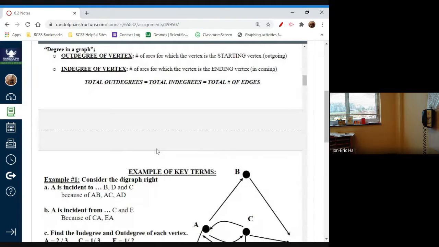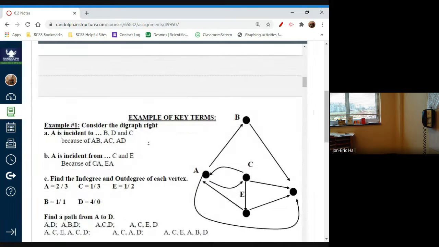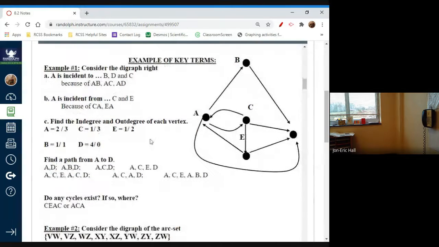The next thing you guys had was examples of key terms. So example number 1, consider the digraph to the right. A is incident to B, D, and C. Why?